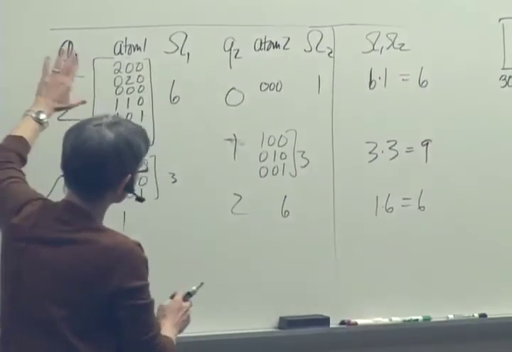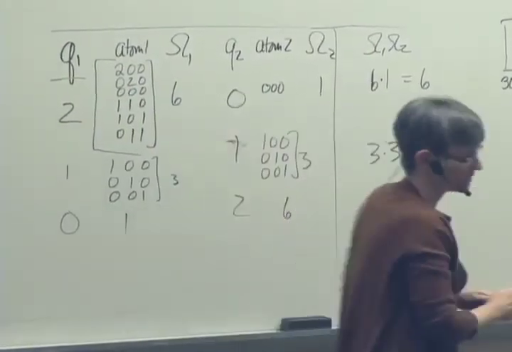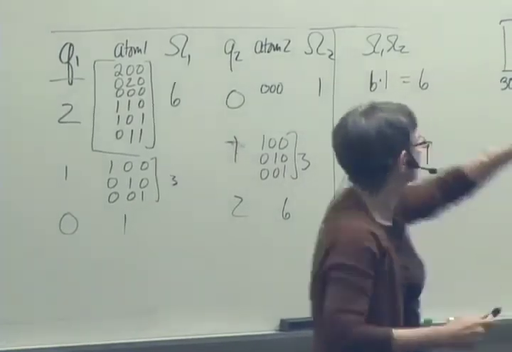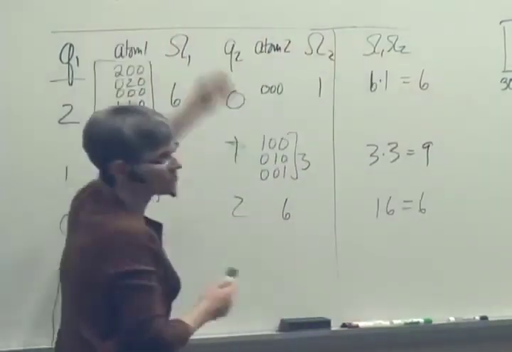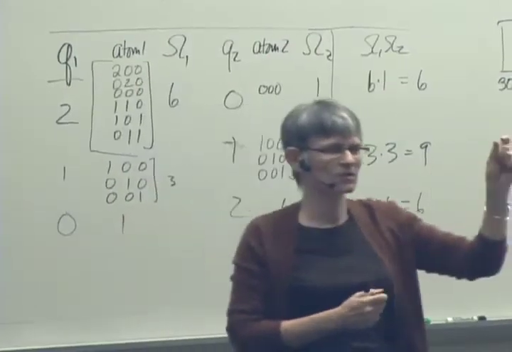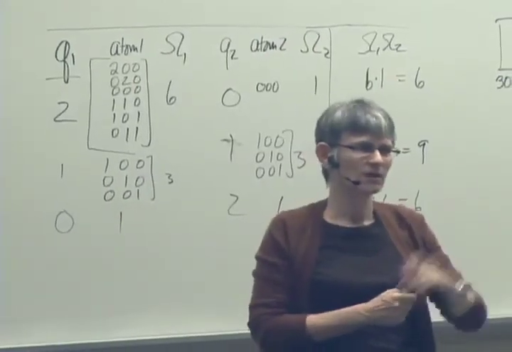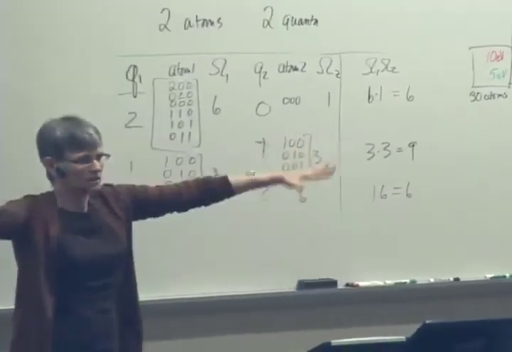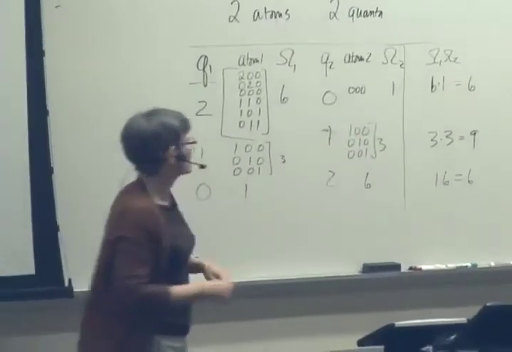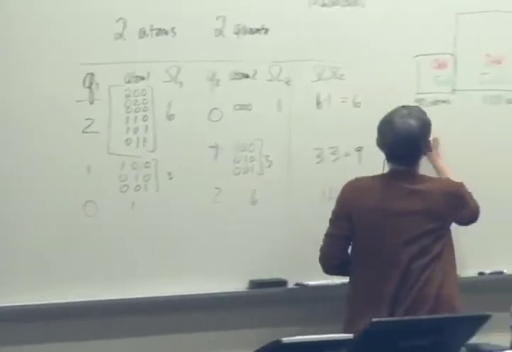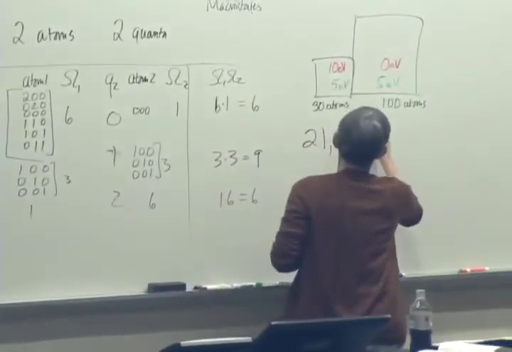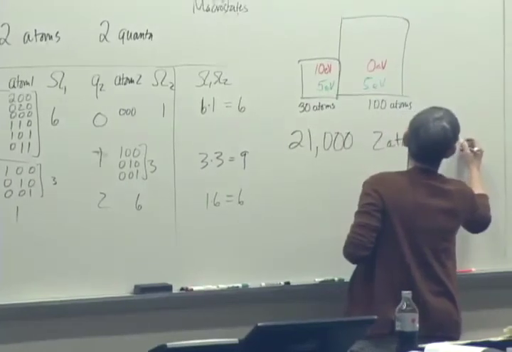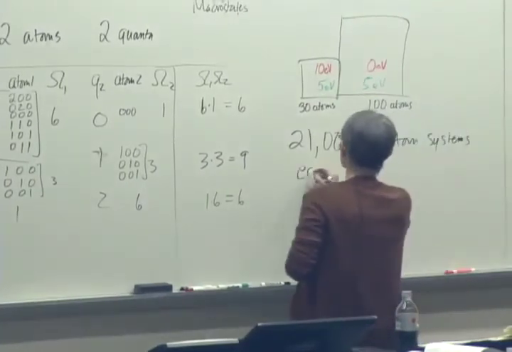So suppose I set up 21,000 systems just like that. Each of these systems has 2 atoms and 2 quanta of energy in it, each in the same macrostate. And I lay them out in a big array.